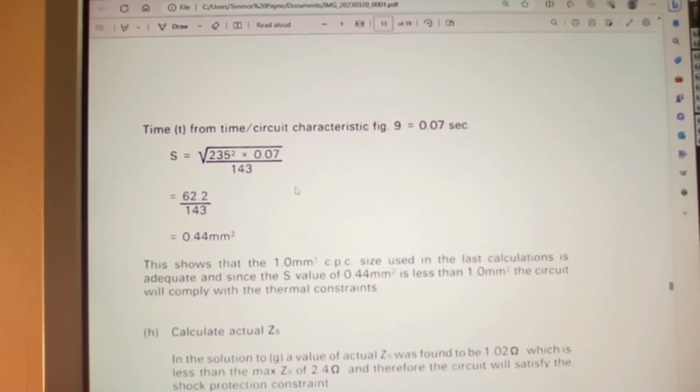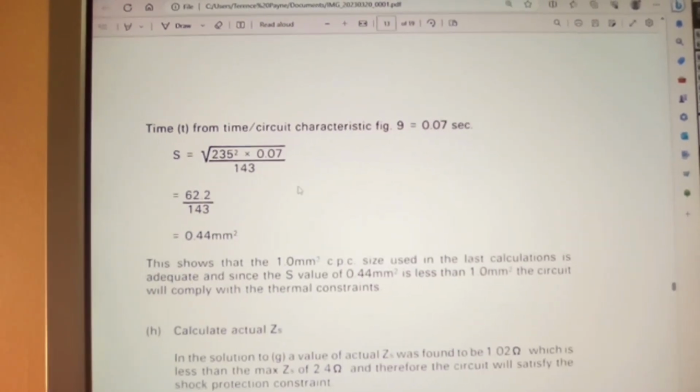Now bear with me. 2, 3, 5. One second, bear with me for a second.